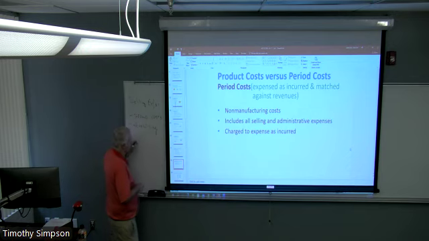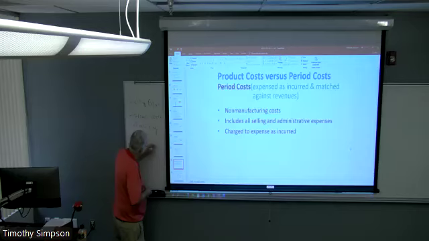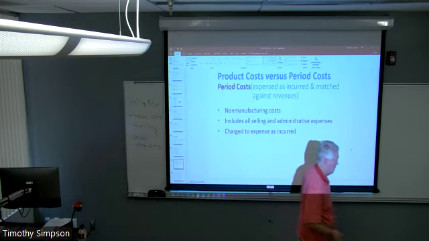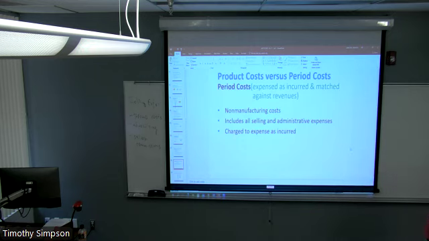It can also include one big one: sales commissions. I know that there are a lot of people within organizations, commissioned salespeople, who believe this should be part of the product cost. I've known a lot of people in sales who believe that my work is integral. It's fine to make a product, but until you sell it, it's not even a product worth talking about. So my role is so important, it should be part of the product cost. And it's not.